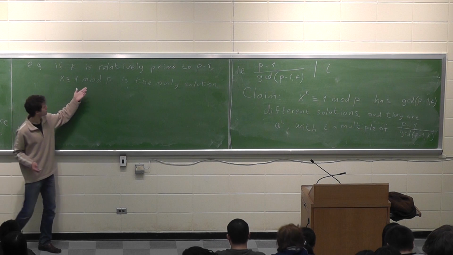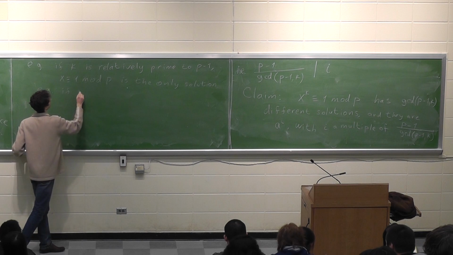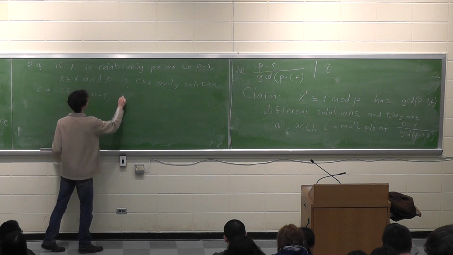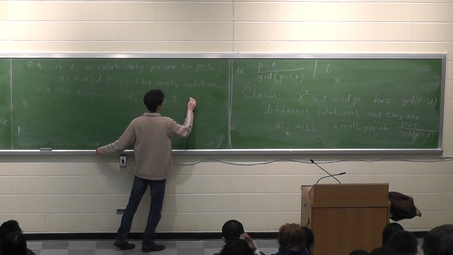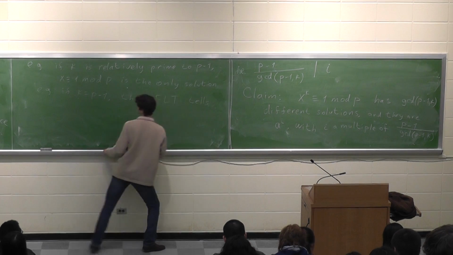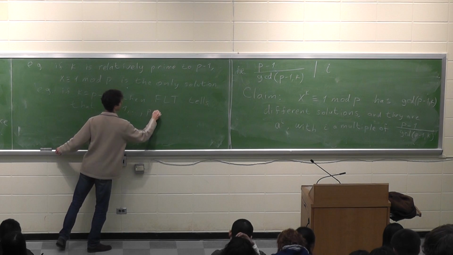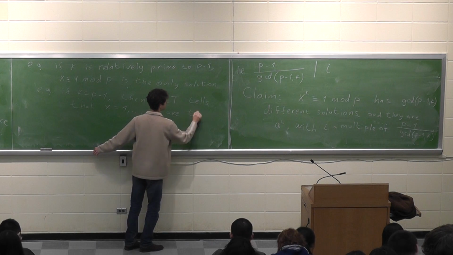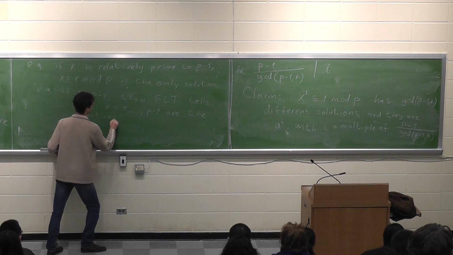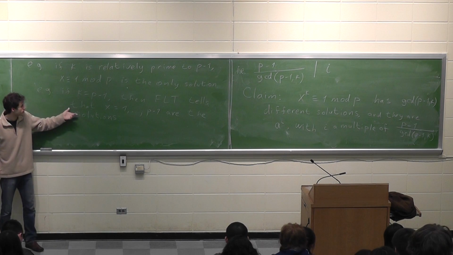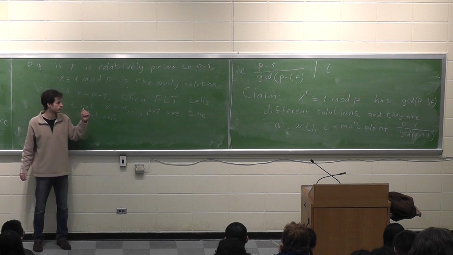In other cases, if k is equal to p minus 1, then Fermat's little theorem just tells you that all the residues are solutions of this equation.